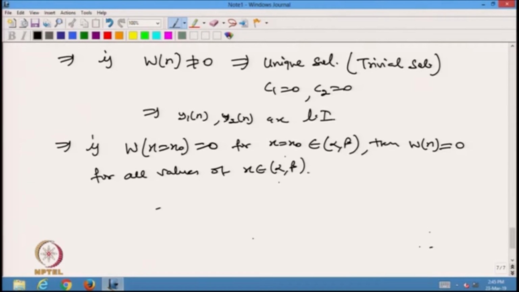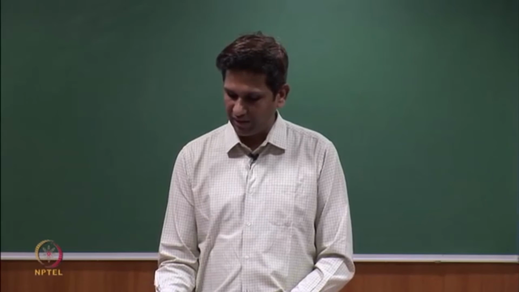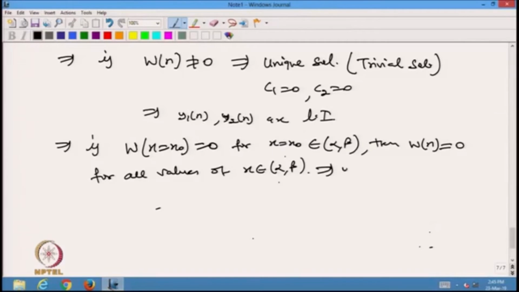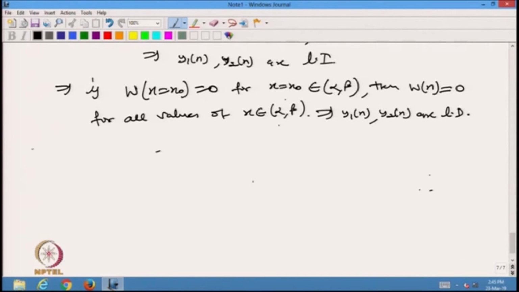So, the Wronskian will be 0 for all values of x in the given domain, and in that case I will say that y1(x) and y2(x) are linearly dependent. So, this is related to the Wronskian.